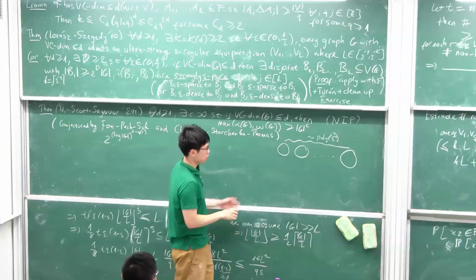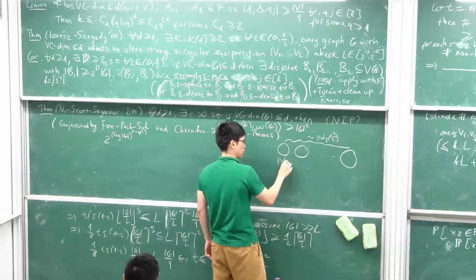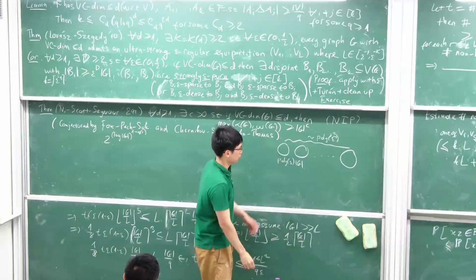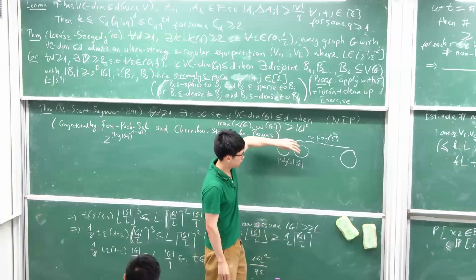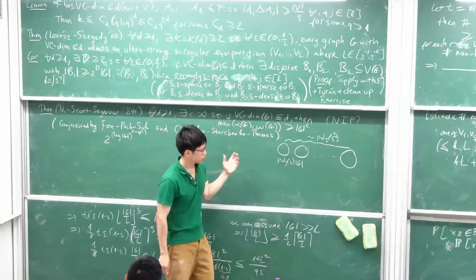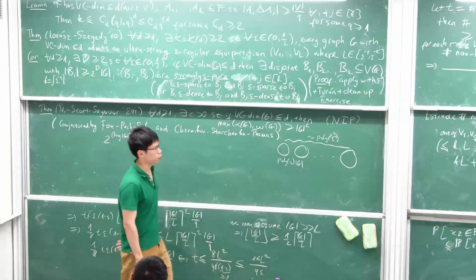And the size of each subset is also roughly some power of epsilon times G. And you also know that every pair among these subsets is strongly epsilon-sparse or strongly epsilon-pure.